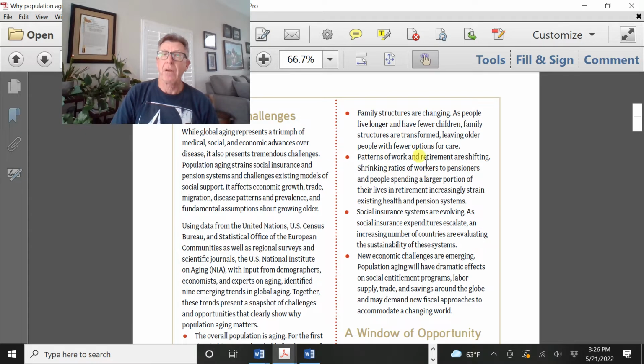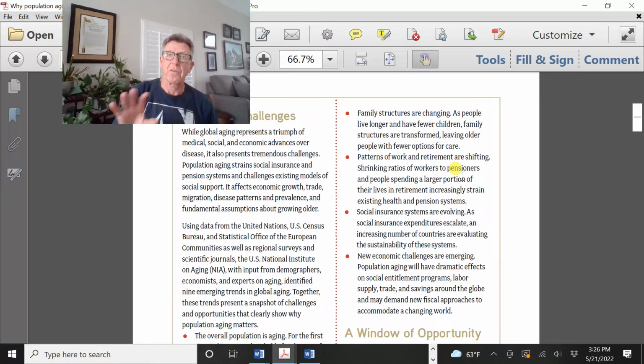Patterns of work and retirement are shifting. The governments are trying to peel away and get rid of the burden of Social Security and pensions, so they're encouraging people to stay in the workplace longer. People like me need to work longer. It just increases the competition at the workplace for you guys.